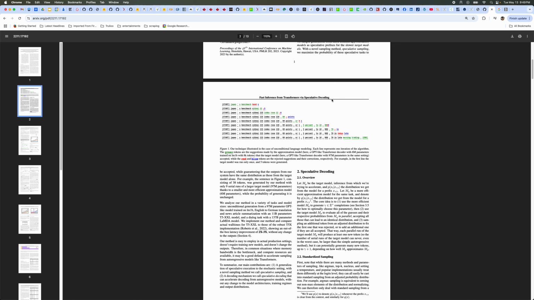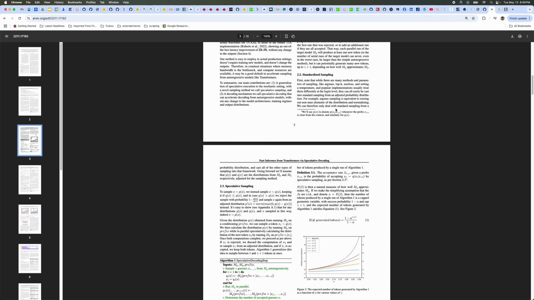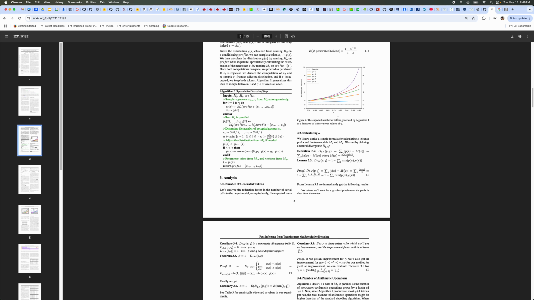We prompt our smaller model and sample, let's say, 5 tokens at a time from the small LLM. Then we take those 5 tokens and pass them to the main LLM that we want to use for, let's say, code generation or answer generation.